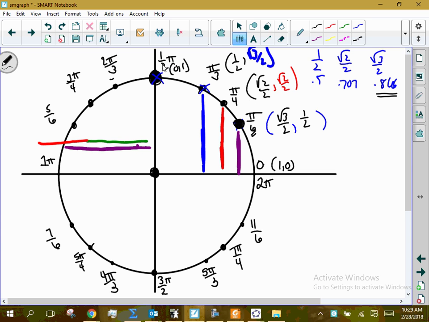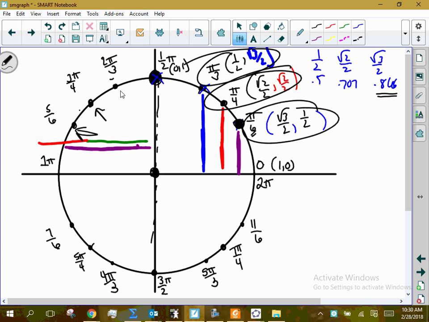And now that you have those, it's just a matter of folding on the y-axis, and this point is going to go right there. This point is going to go right there, and that point is going to go right there. The coordinates are going to be the same, but the only thing you would change is all the x values become negative.